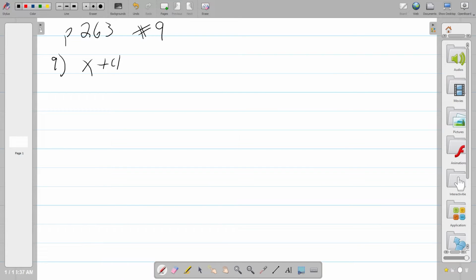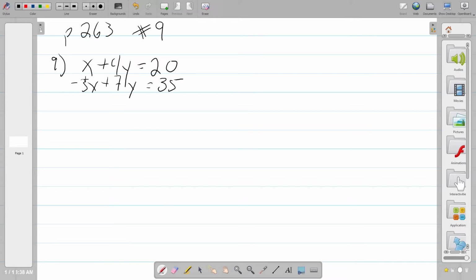So it has number 9: x plus 4y equals 20, negative 3x plus 7y equals 35. Okay, so we want to find something common.